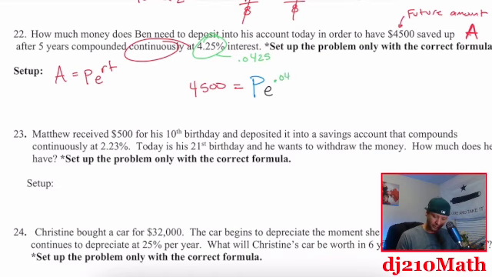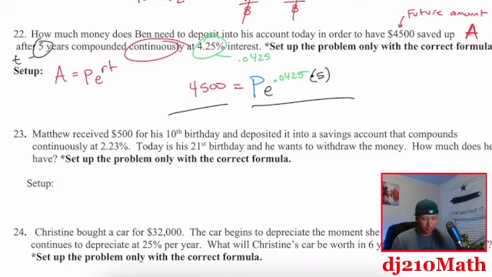And then time, this is your T, 5 years. So times 5. That's how you would set it up. Now, the way you would solve it, you'd have to divide both sides by the E to the 0.0425 times 5.